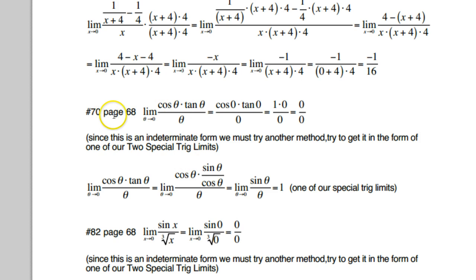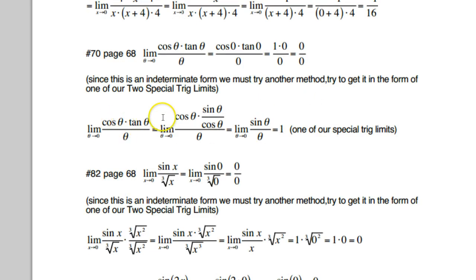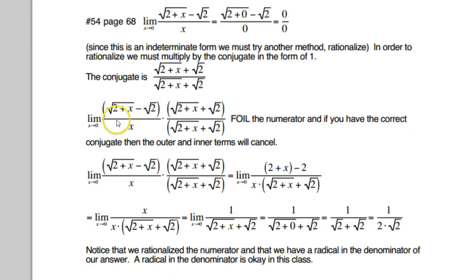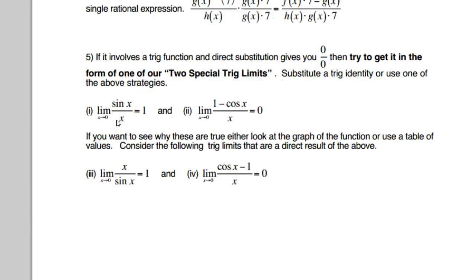Now if I do a trig type of conversion, limit as theta approaches 0 of cosine of theta times tangent of theta over theta, I get cosine of 0 times tangent of 0, which is 1 times 0, which is 0 over 0. So that's an issue. So what I'm going to do is convert stuff, and this is interesting, you want to convert to one of these.